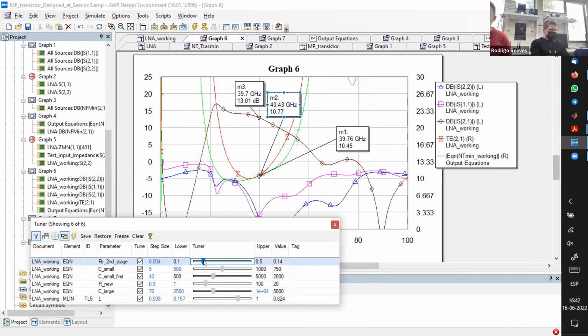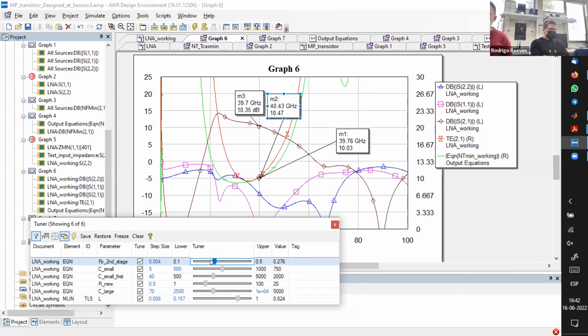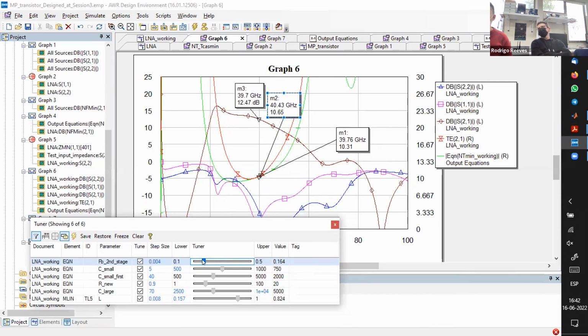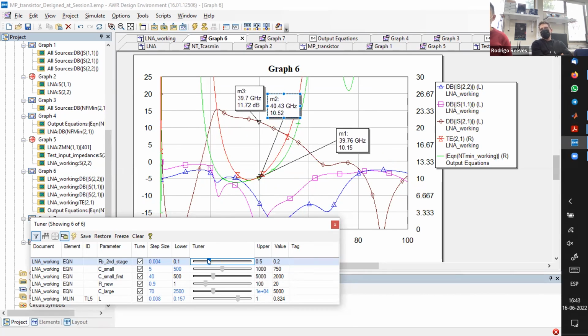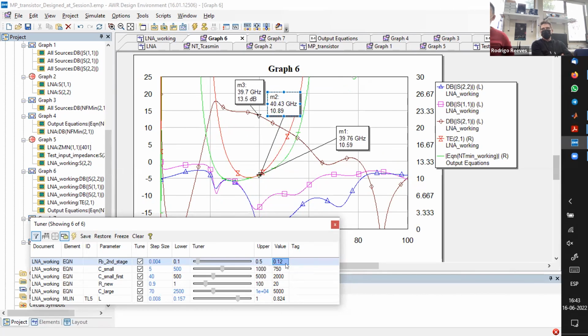So I ended up with 120, so a 30 micron decrease. And now you are close to a gain of 15 dB, right?